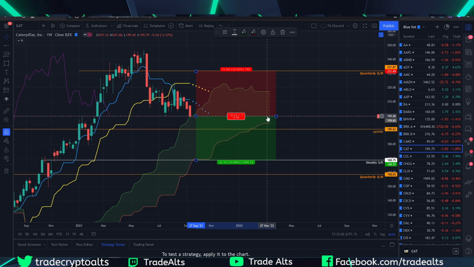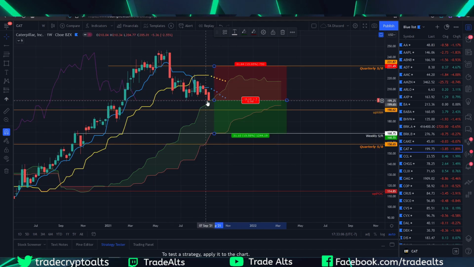So let's pretend that we wanted to take an entry right here, right now, because we think that we have a setup where price is likely to head lower. Okay, and I'm not saying it is, it's just for the example of the video. So I want to enter right here. So where's my stop loss going to be? Where's my target going to be?